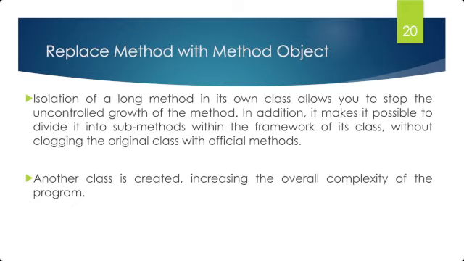So it means the original class stays clean. But sometimes we have a disadvantage because we create one more class. It makes the whole program a bit more complex. So we use this technique when the method is very complex and when it's hard to break it into parts inside the same class.